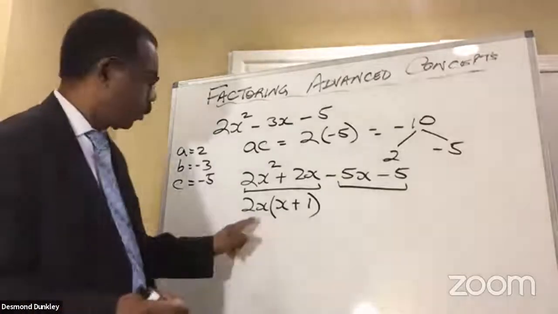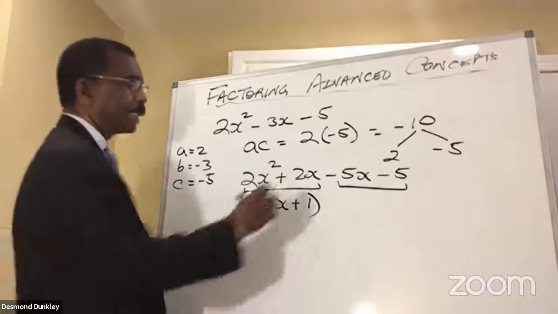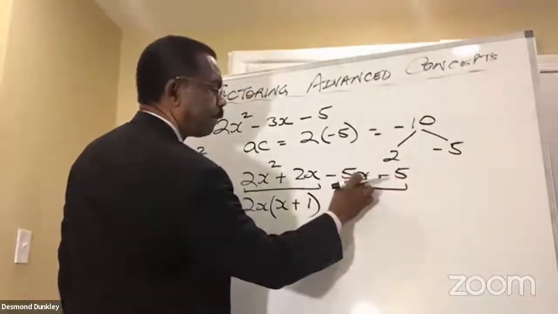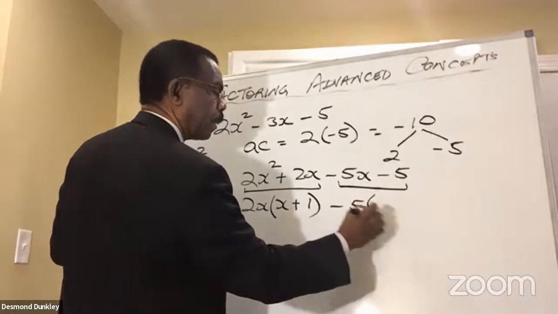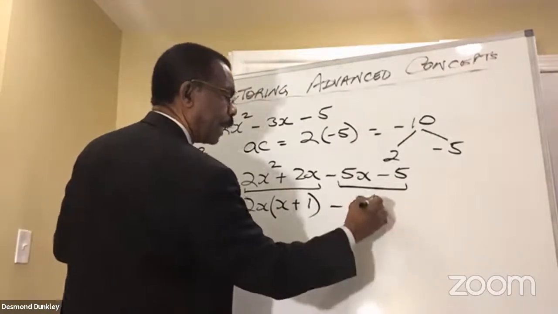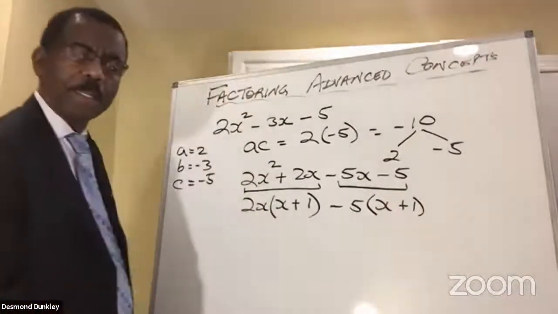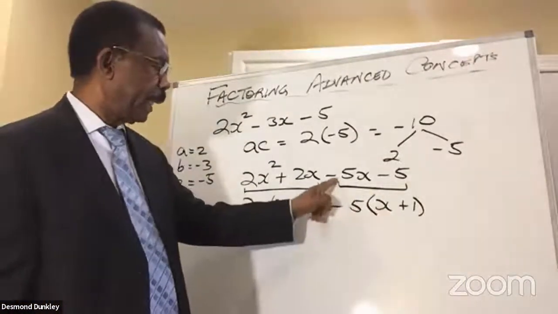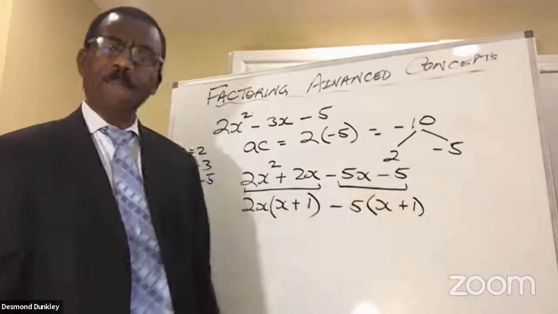Let's check. 2x times x, 2x squared. 2x times 1, 2x. What is common to these two terms, negative 5x minus 5? The answer is negative 5. Factor out the negative 5, we end up with x plus 1. Let's check. Negative 5 times x, negative 5x. Negative 5 times positive 1, negative 5.